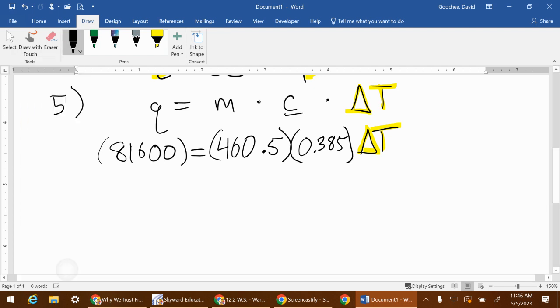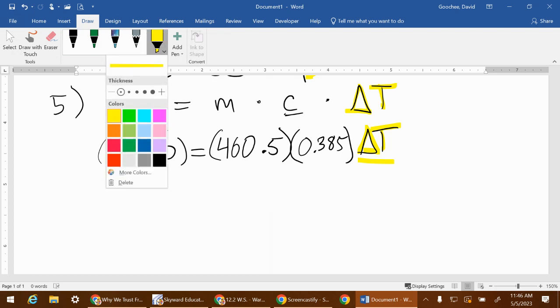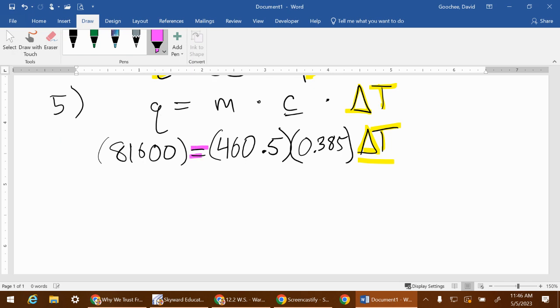So now we got ourselves some algebra. We are trying to solve for the change in temperature. Now, guys, solving means getting the variable by itself. As we can see, the variable is not by itself. It's being multiplied by 460.5, and it's being multiplied by 0.385.